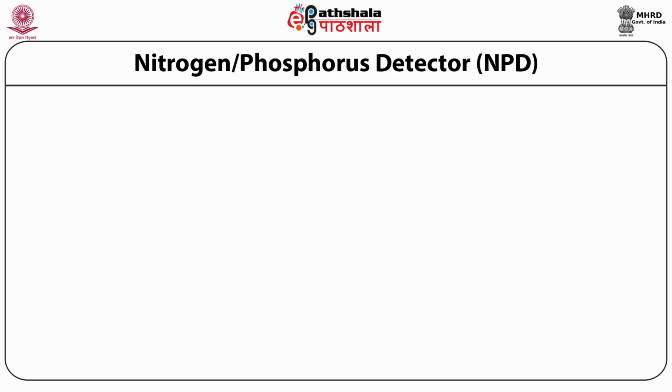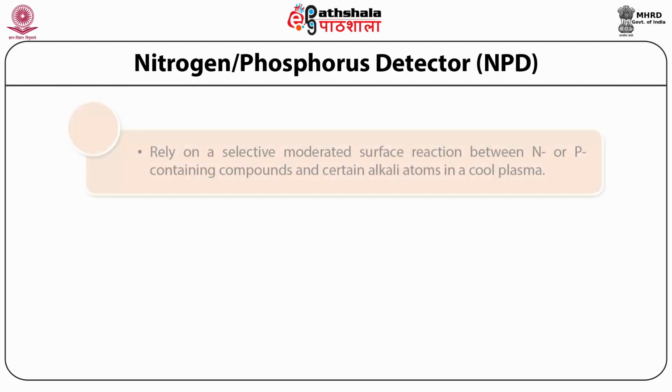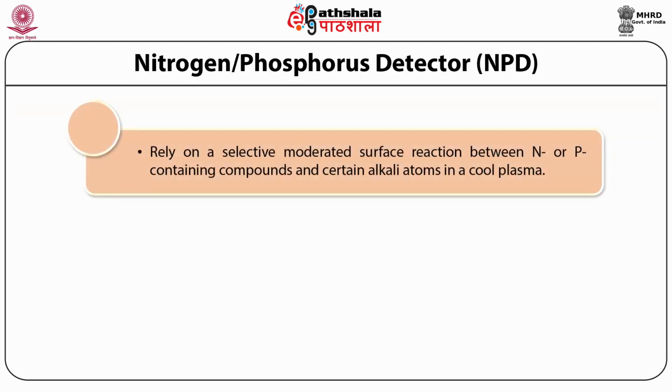The response of the nitrogen phosphorus detector is generally thought to rely on a selective, moderated surface reaction between nitrogen or phosphorus containing compounds and certain alkali atoms in a cool plasma.